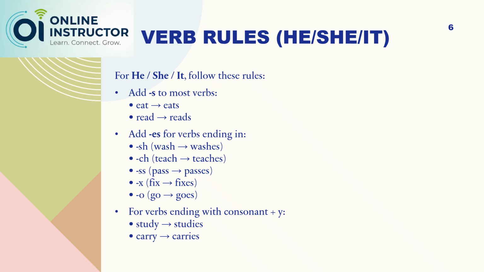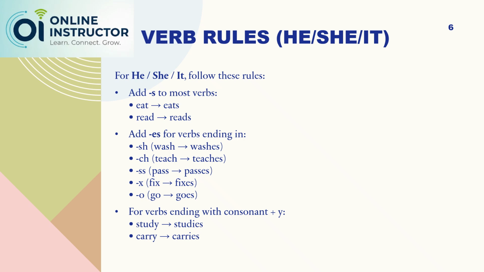If the subject is he, she, or it, we just add an s at the end of the verb. So, I eat breakfast becomes he eats breakfast. I read a book becomes she reads a book. There is no spelling change, no special rule, just add s. This is the easiest and most common rule.